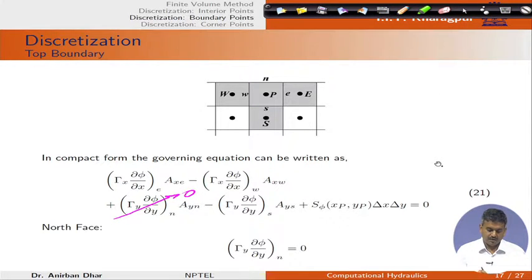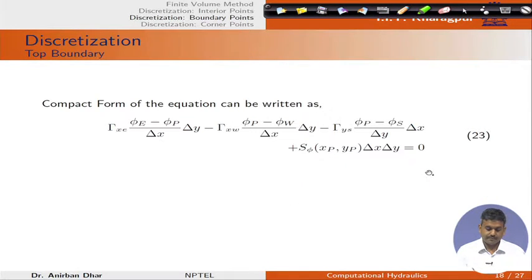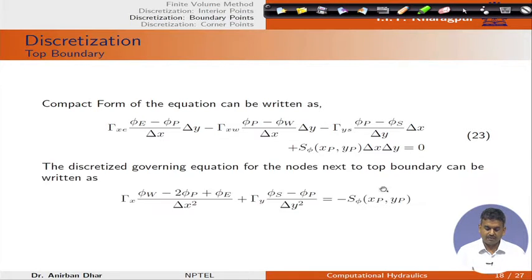With this we can get the compact form, and in compact form you do not have the north derivative at north face. So, this is the reduced equation for nodes next to top boundary.